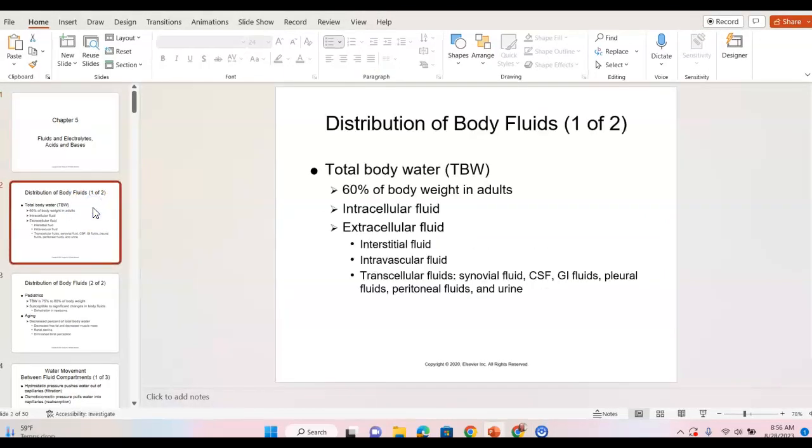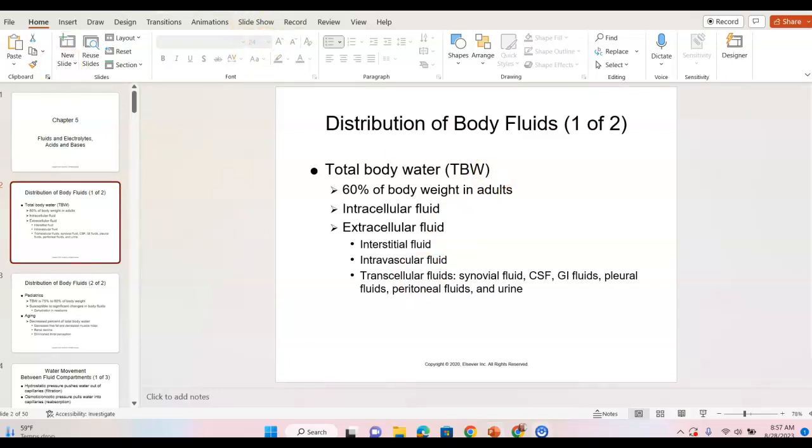Total body water is about 60% of body weight in adults. Now, water is an excellent solvent. Not only does water dilute things and cushion things, it provides a slightly charged fluid to which ions can attach themselves.